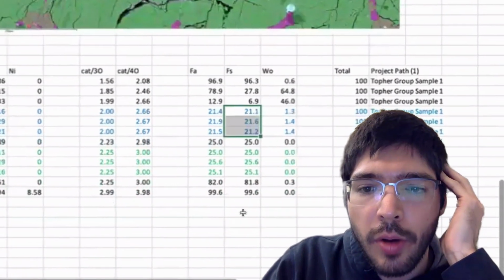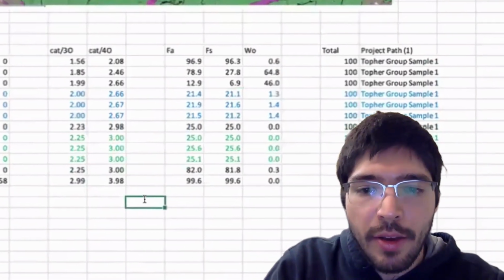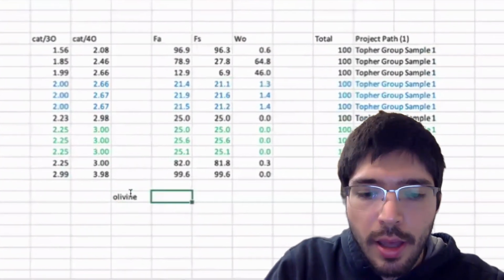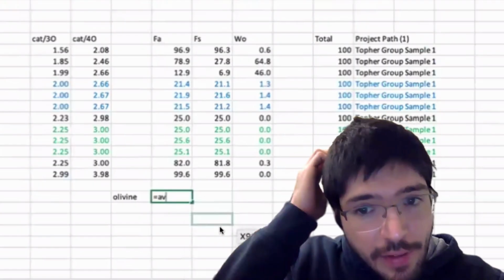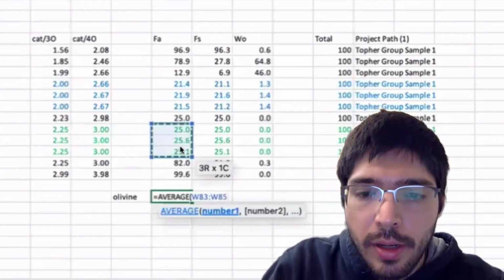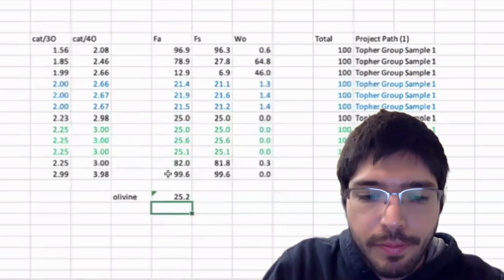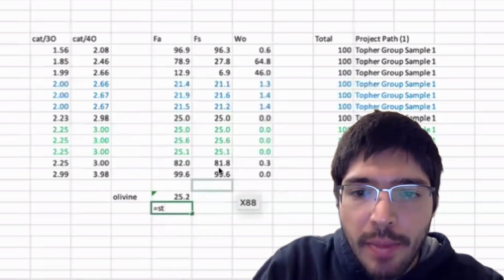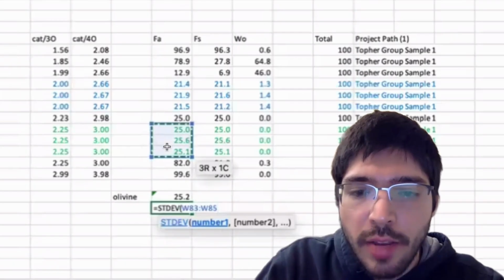And I can get these values right here. So I can go olivine. And now we're going to get the fayalite value from this site. So I would hit average. I would get the average right here. Then you oftentimes see a standard deviation associated with it. So this is the error.